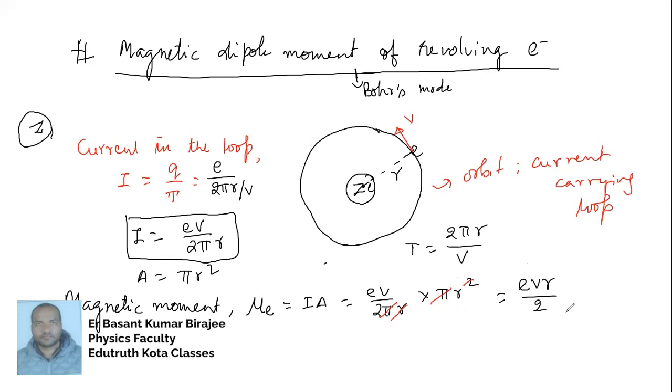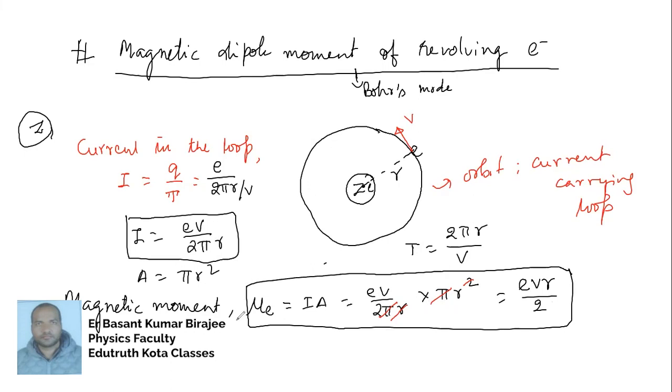Yes, pi is also cancelled. So this is the formula for the magnetic moment of the electron, e v r by 2. Is it clear up to now? If you have any doubt, let me know.